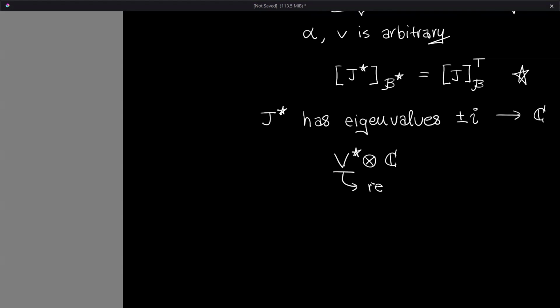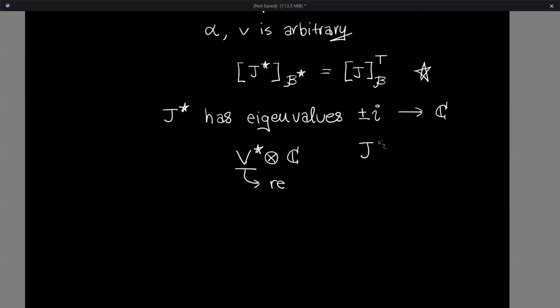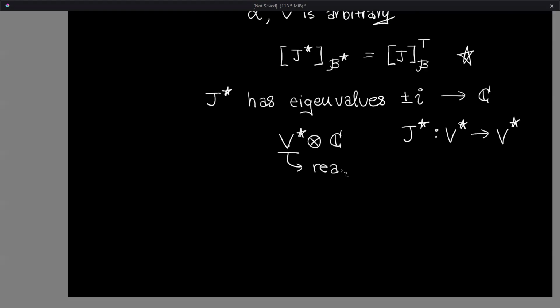J star is going from V star to V star, and V star is the dual space to V, and V is a real vector space with a complex structure, which makes it a complex vector space. So this is something called the complexification of V star.